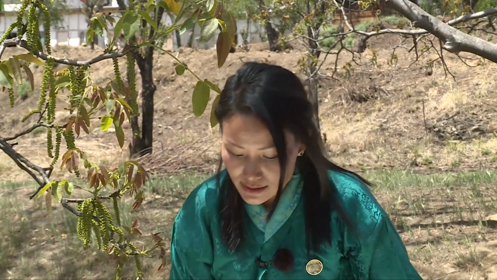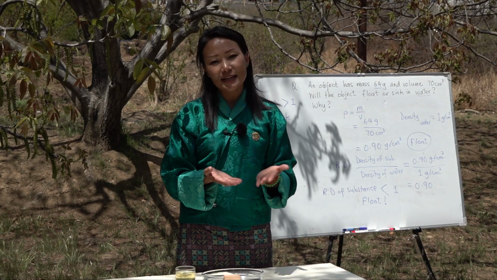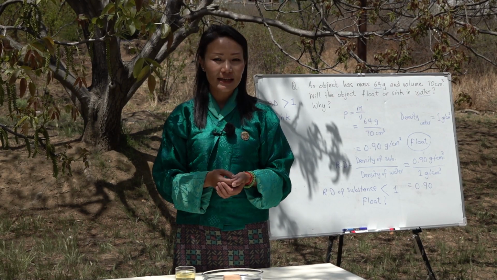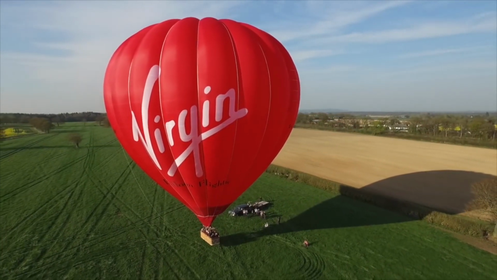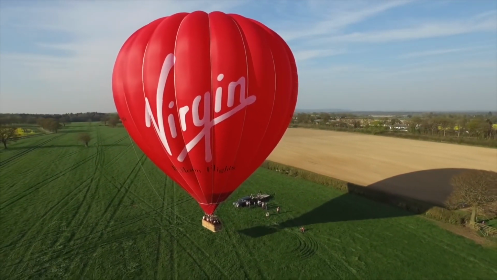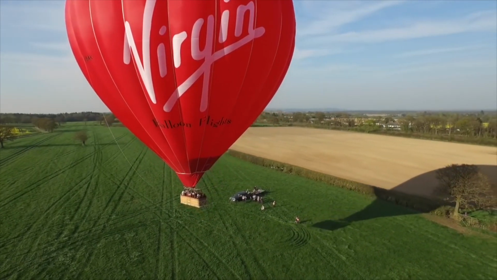So see, students, whenever we say floating and sinking, you can conclude in two ways. First, using the concept of density, and second, using the concept of relative density. So you have learned about density and relative density, and now we're going to see how these two concepts are related in our daily life. Have you seen a hot air balloon rising in the air?